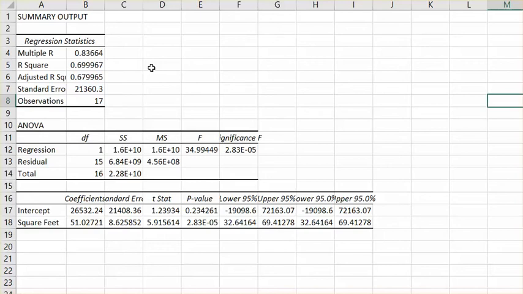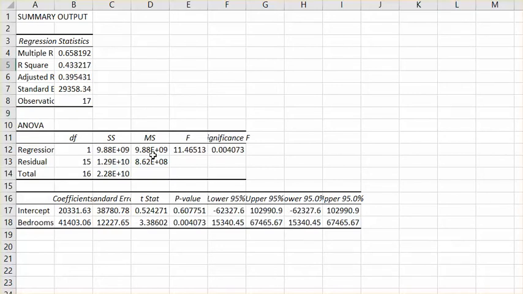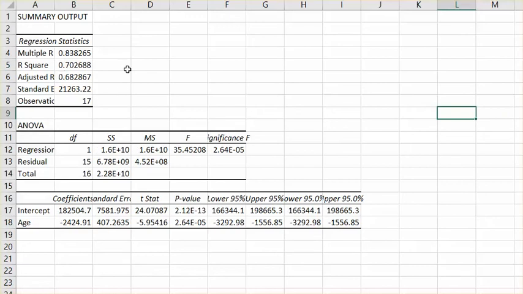That simply means just about 70% of the behavior of our selling price, the reason why some homes are more than others, can be explained with square footage. Age would be slightly higher, and bedrooms only 43%. So if we just had to select one, based upon R square, it would be age, because it has the highest R square.